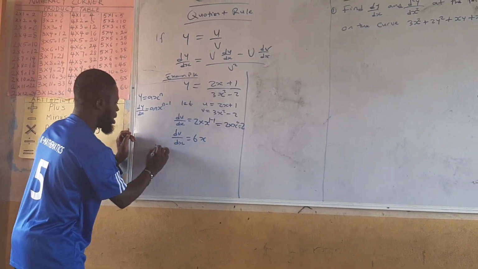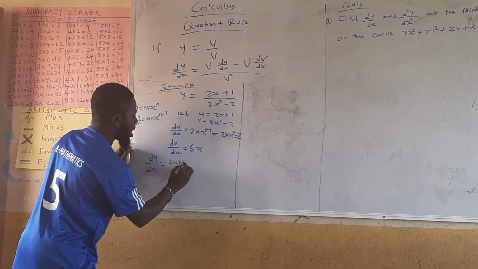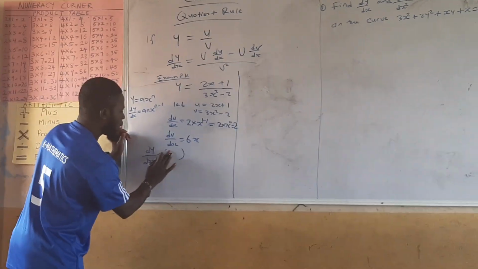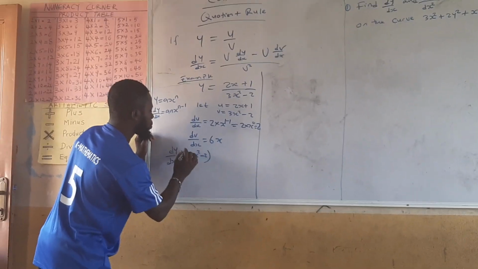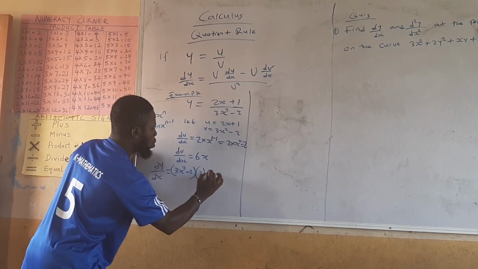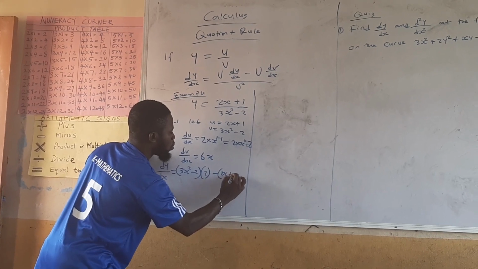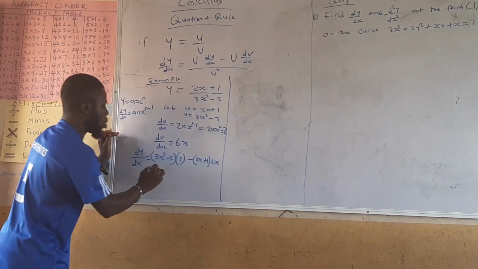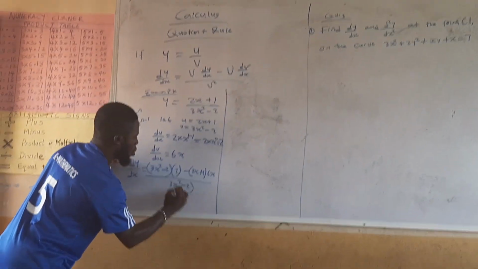So we go back to our dy/dx, that dy/dx will be equal to v, that's 3x squared minus 2, times du/dx, which is 2, minus u, that's 2x plus 1, times dv/dx, which is 6x, all over v squared, which is 3x squared minus 2, all squared.